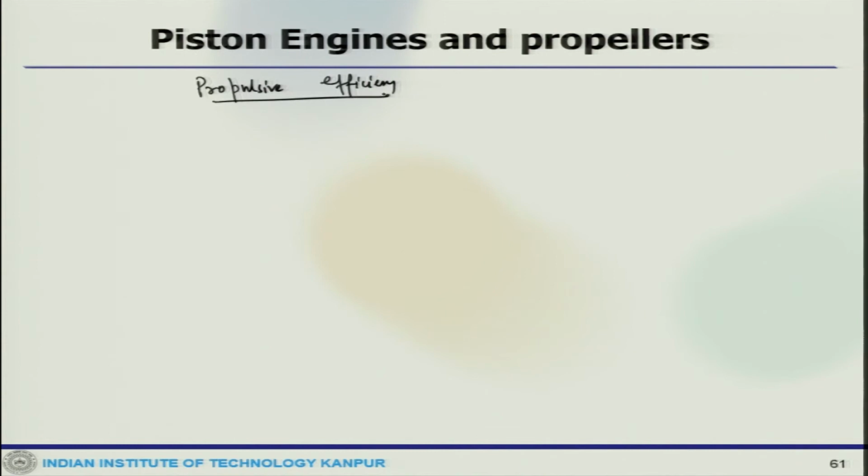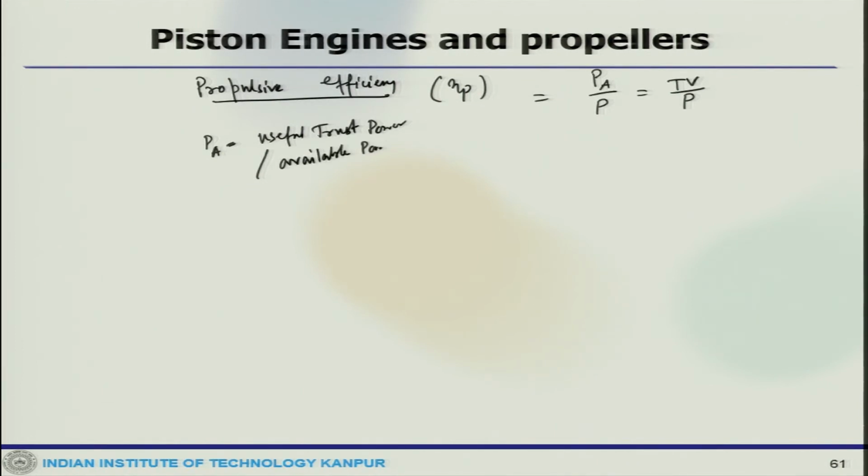That is eta p, and that is defined as P_A by P, which is T V by P, where P_A is the thrust power or useful thrust power, which is T V. This is sometimes called the available power, and P is the power delivered.